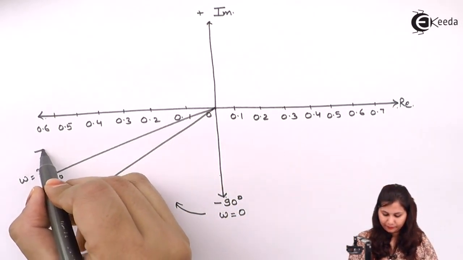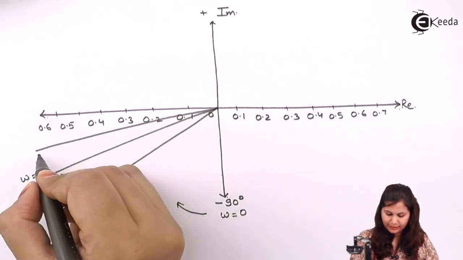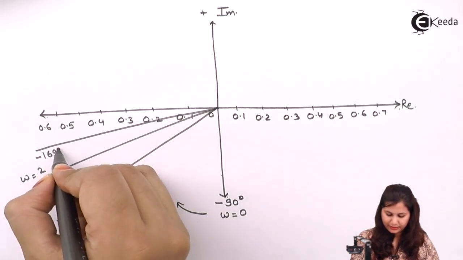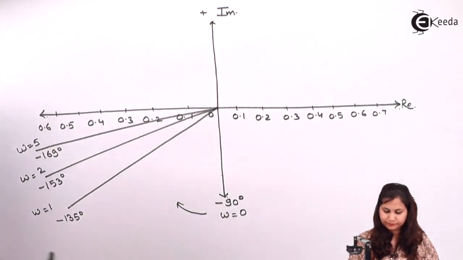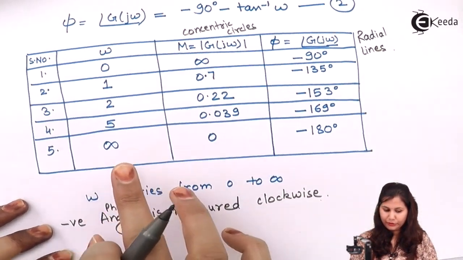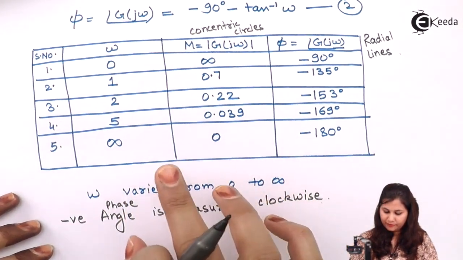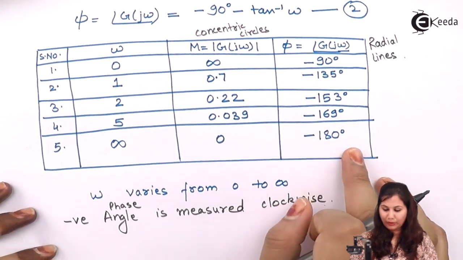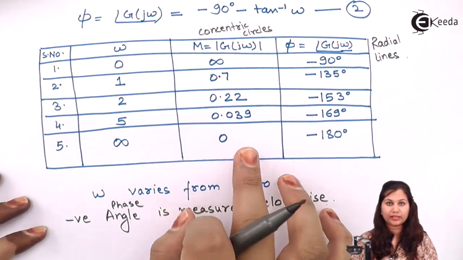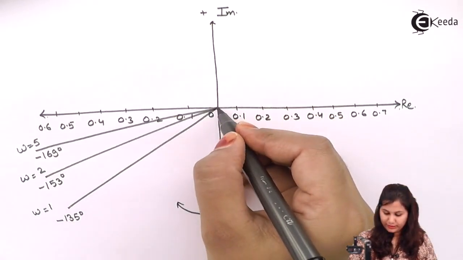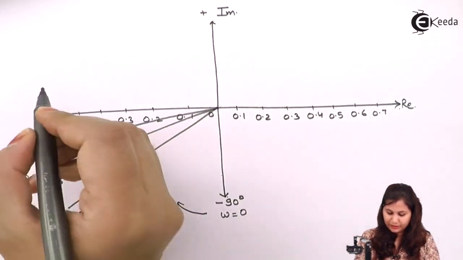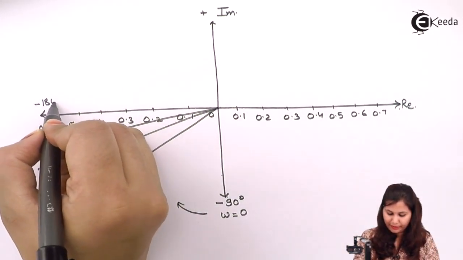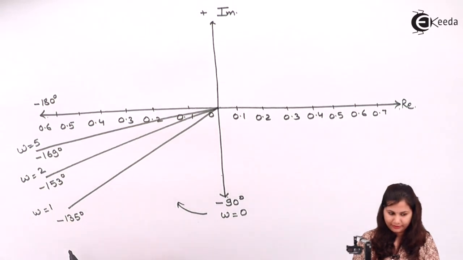It will be like this, minus 169 degrees, omega equals to 5. Now for omega equals to infinity, the phase angle is minus 180 degrees and the magnitude is 0. So we have the magnitude 0 here, and the phase angle is minus 180 degrees.